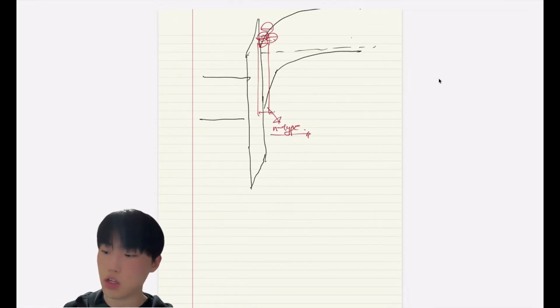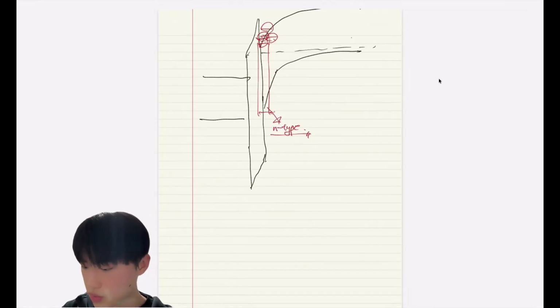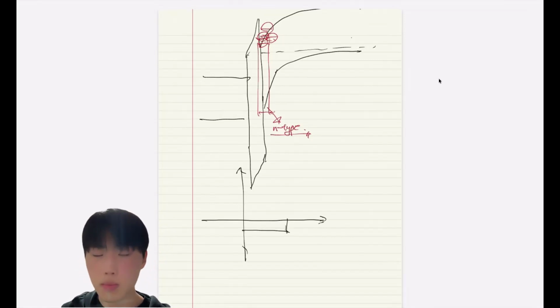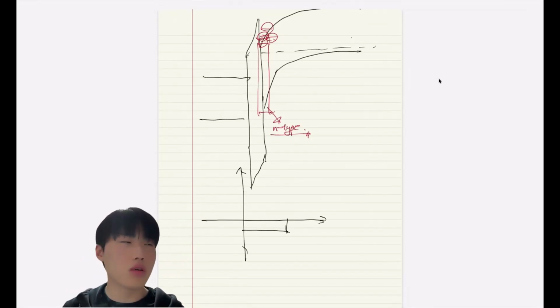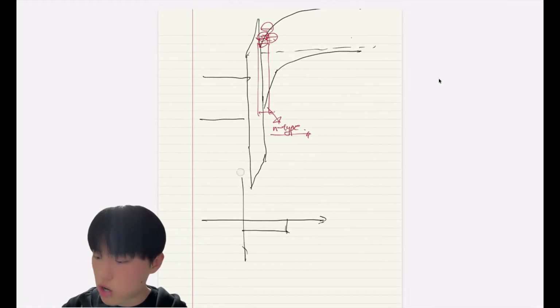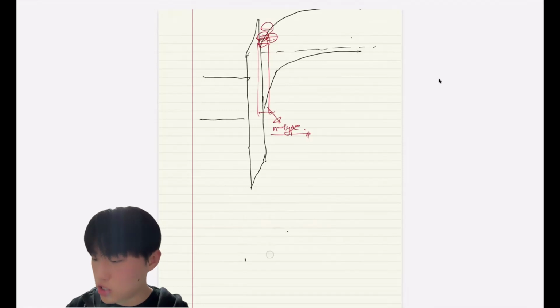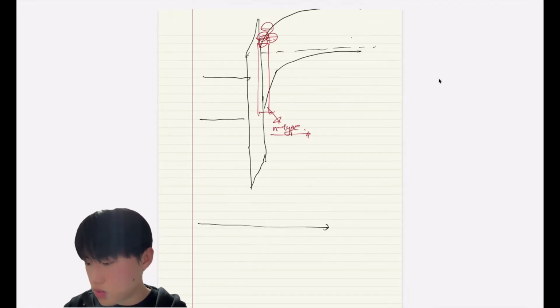So compare with the accumulation condition, as we draw the charge density on it. I drew the wrong charge density at the accumulation region.